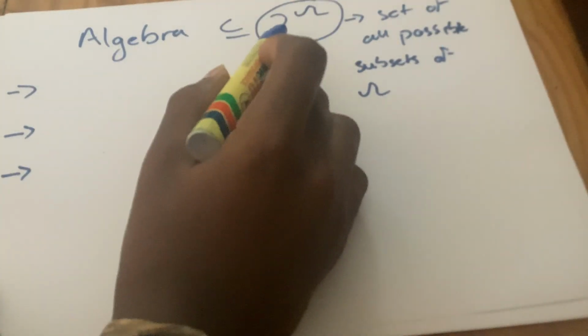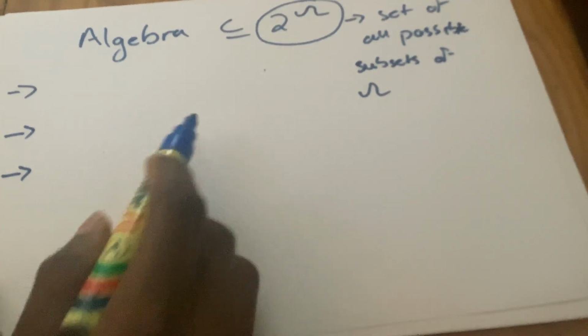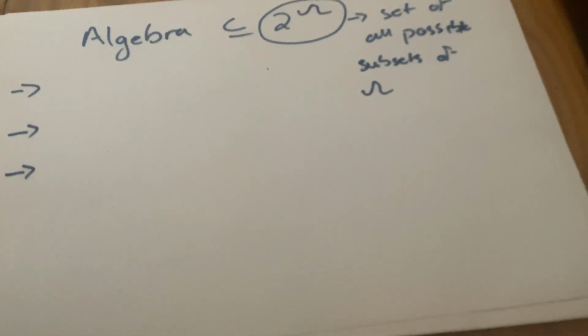This does not necessarily mean take 2 to the power of omega. It's just a symbol that we use to express the idea of all possible subsets of omega. Right. So an algebra will then be a subset of the power set that satisfies the following conditions.